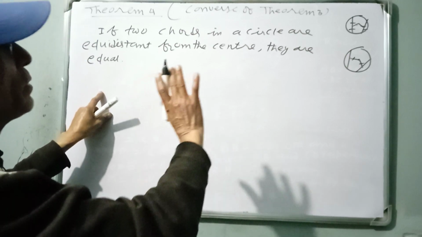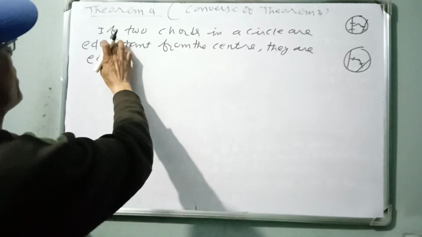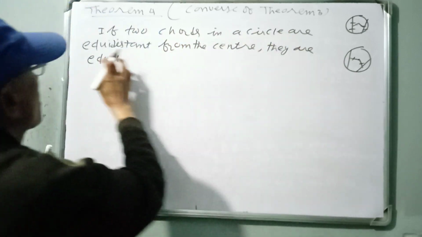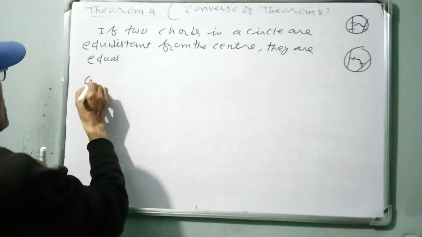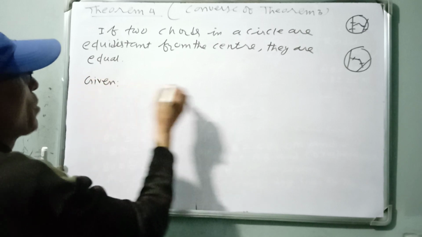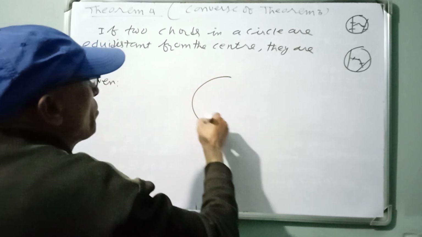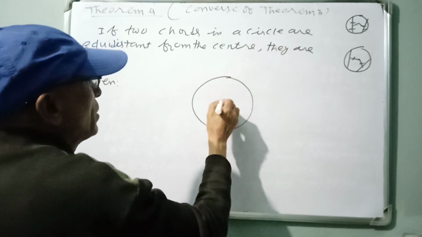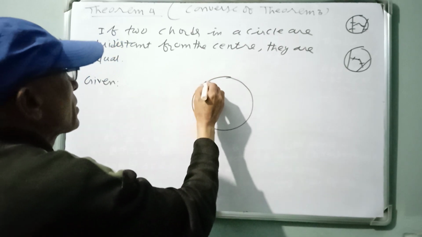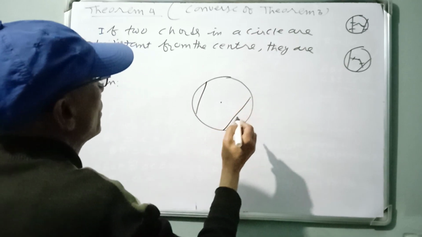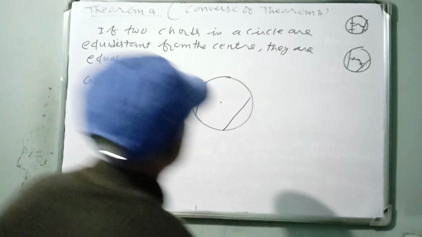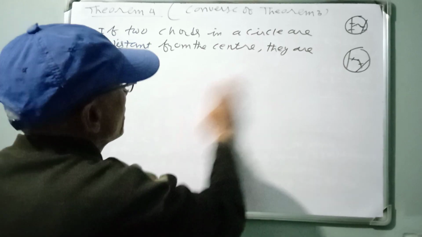What is given? How to write it? The given condition is two chords in a circle are equidistant from the center. So, make a circle, center, two chords that are equidistant.